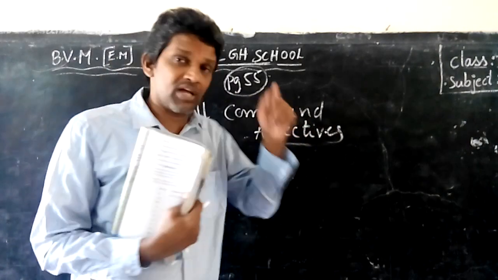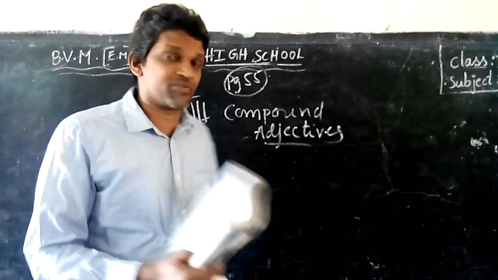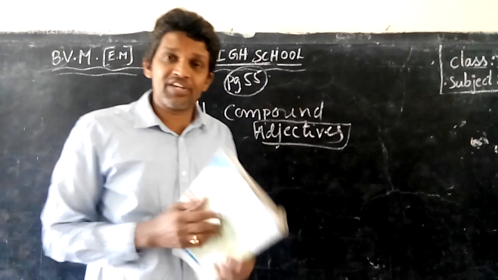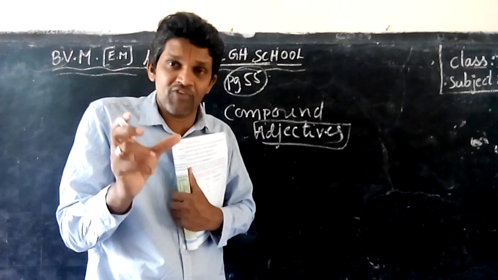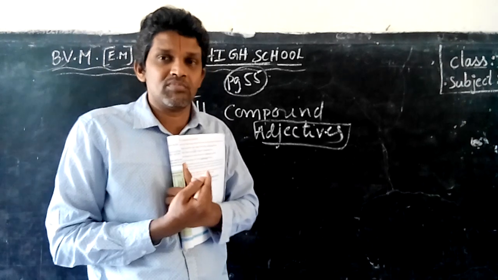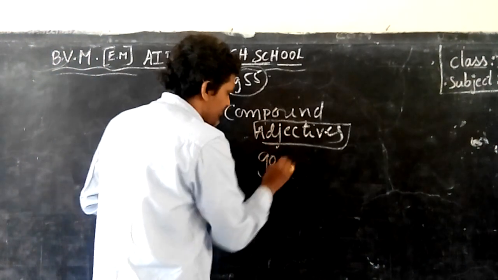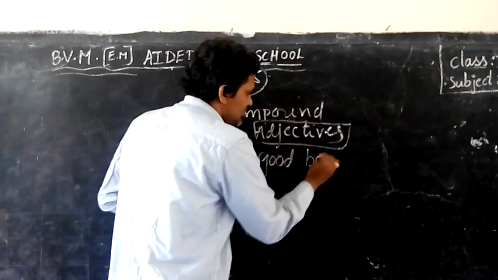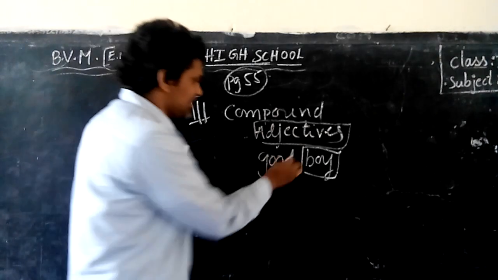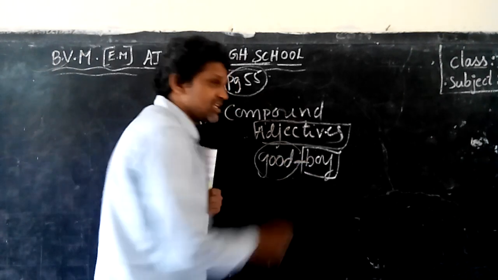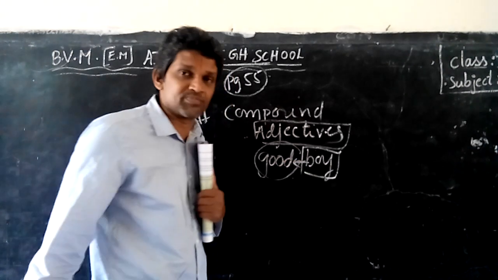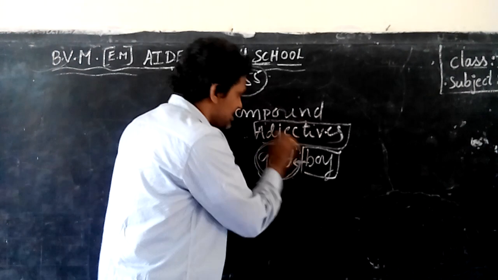So what is an adjective? An adjective is a word that qualifies a noun, that tells us something about a noun. Take for example, good boy. Here boy is a noun and good is telling the quality of this boy. So good is an adjective.